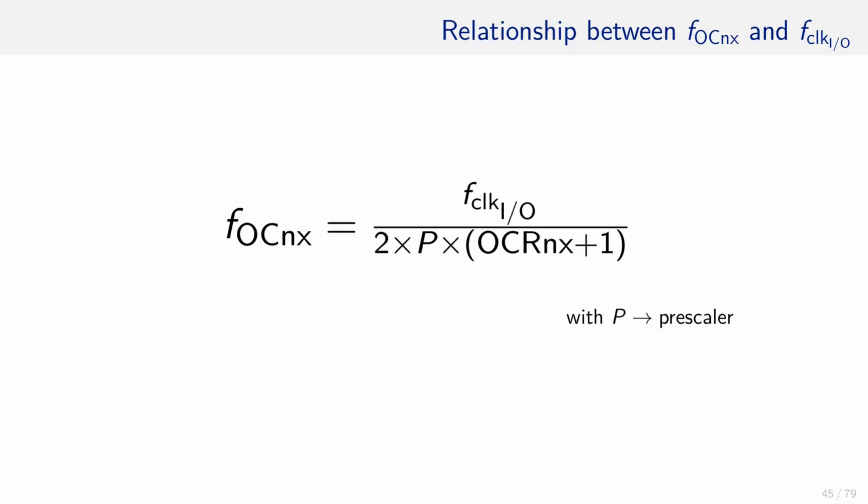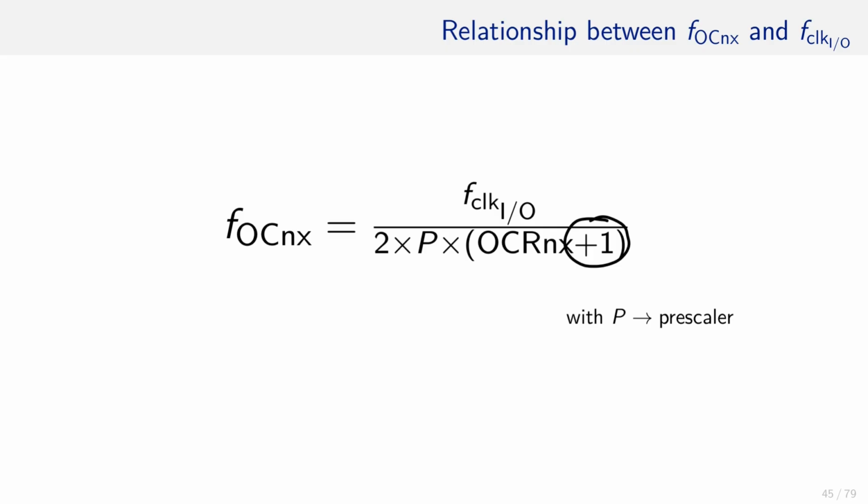Again, the reason for this plus 1 is as follows. Imagine you set OCR to 100. How many times does TCNT need to be clocked, starting from 0, to overflow to 0 again? First, it has to count to 100, which takes 100 clock cycles.